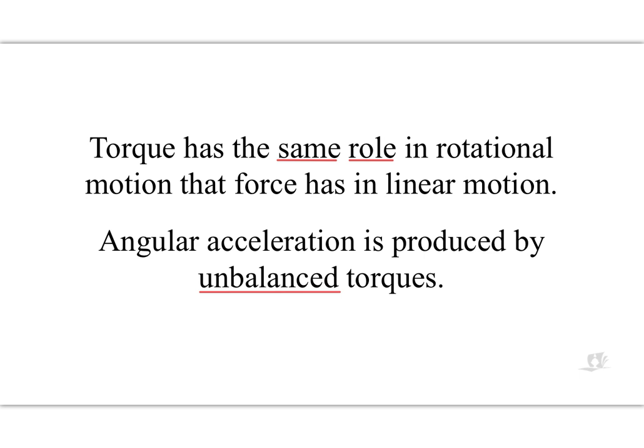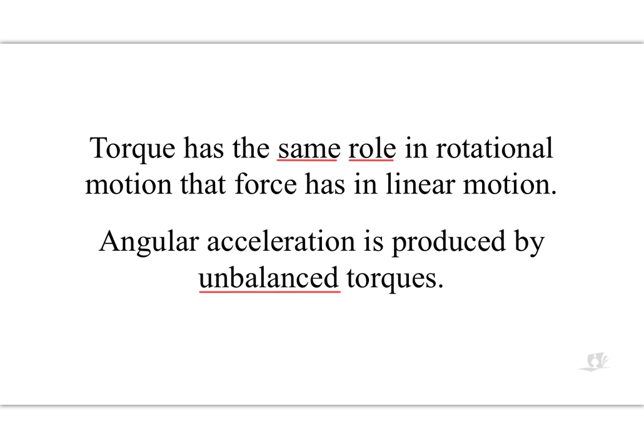Torque has the same role in rotational motion that force has in linear motion. All right? So when you think linear motion, when we thought about, we're pushing the block up and friction is pushing against us, right? That is force that's acting linear versus force that's acting rotational.